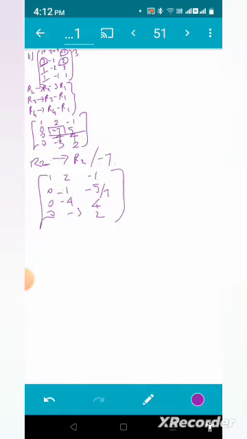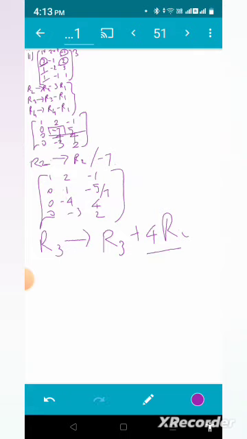So from this second row 1, we can change this into 0, and this is also 0. So R3 gives R3 plus 4 R2, because here 4 we can change into 0.